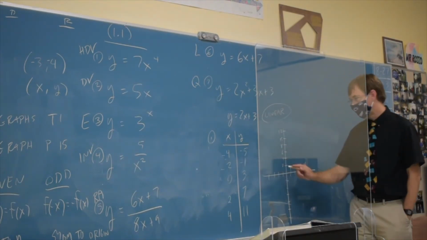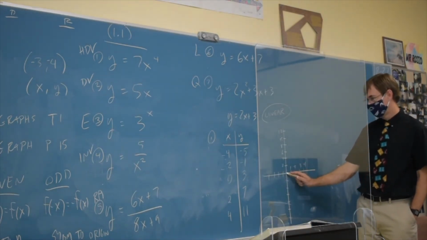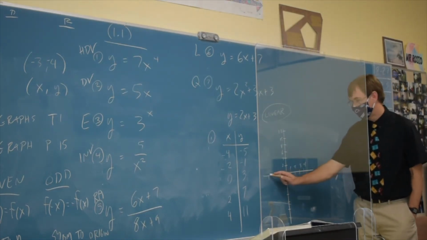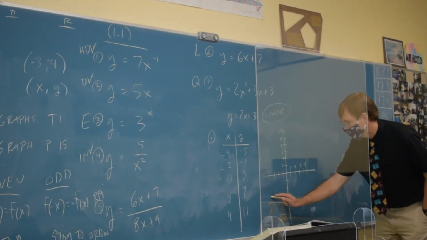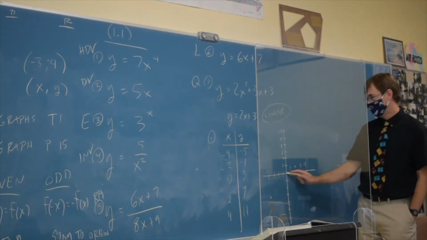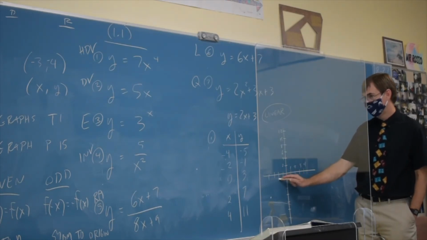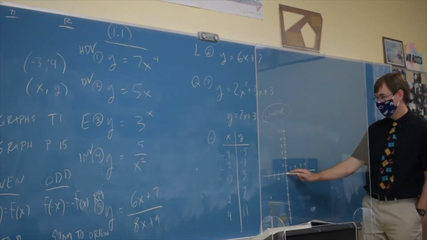So where was -4, -5? Up, down, left, right? Left 4. Down 5. So for 5, I would need to do like 2.5 of my marks. -2, -1 is there-ish. Where is 0, 3?